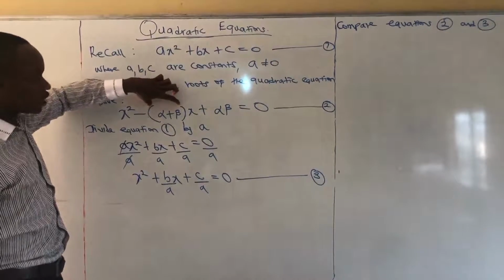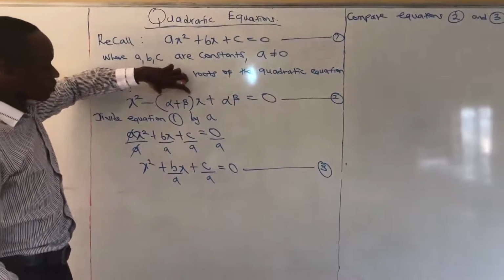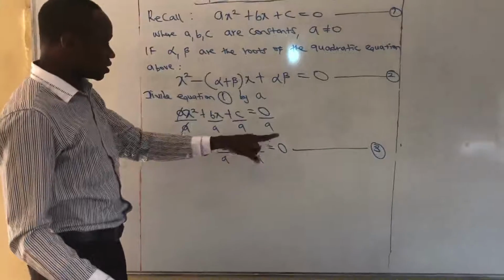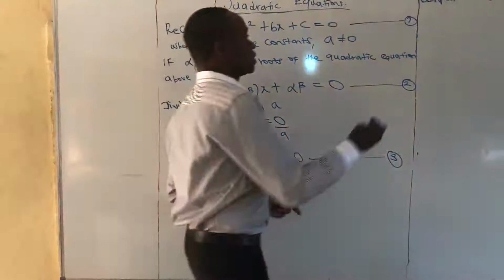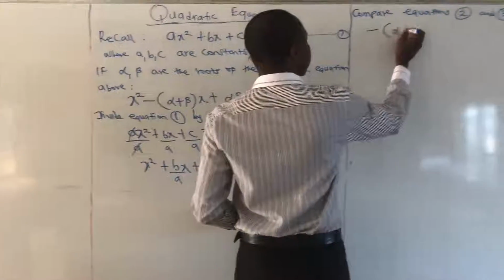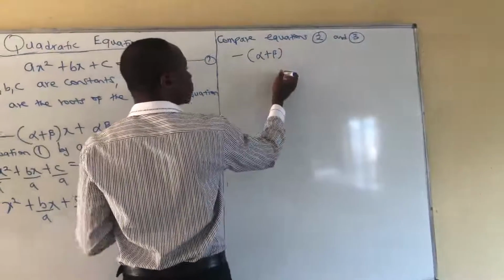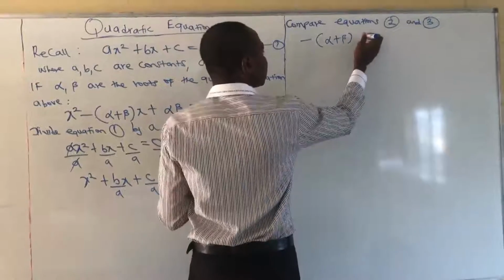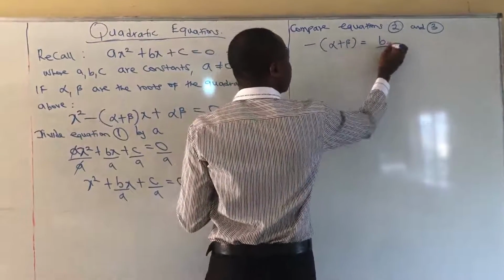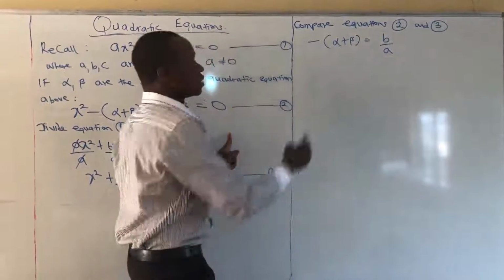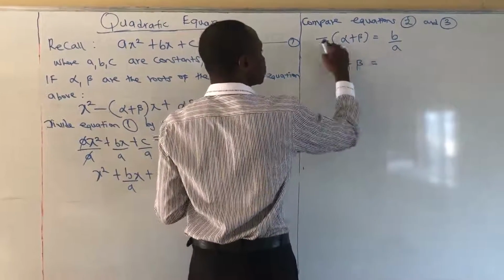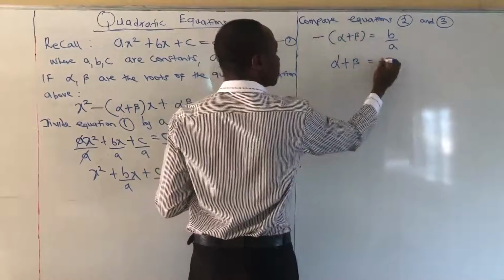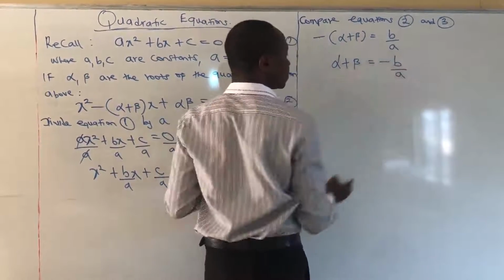For the coefficient of x in equation 2 and the coefficient of x in equation 3, we notice that minus (alpha plus beta), which is the coefficient of x in equation 2, is equal to b over a. It implies that alpha plus beta is equal to, if this negative comes here, minus b over a.